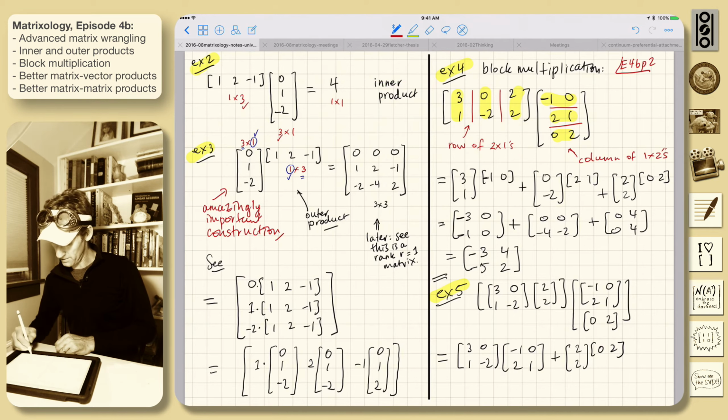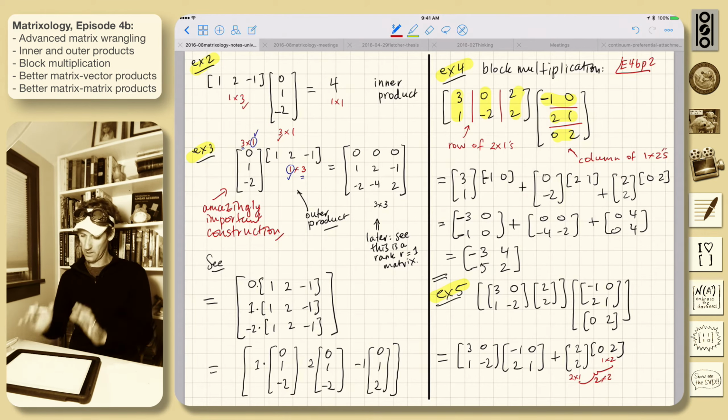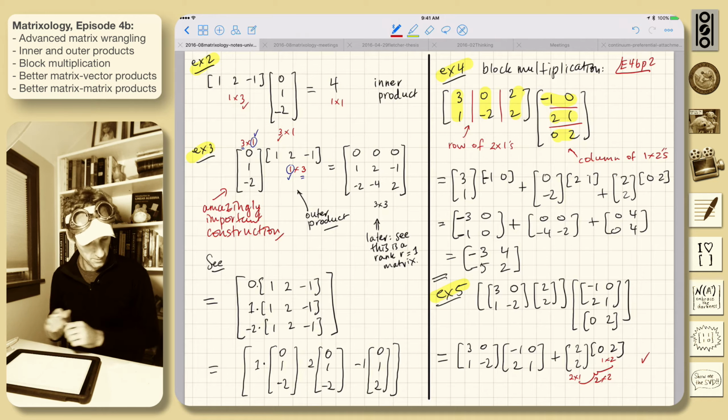This thing, as we now know, this is a 2 by 1, a 1 by 2. So this makes a 2 by 2. So they can be added together. So everything works out. That's nice to see. And again, we get the same result. Okay. So that can be a useful thing. As long as you break both matrices up in ways that match still, you're fine.